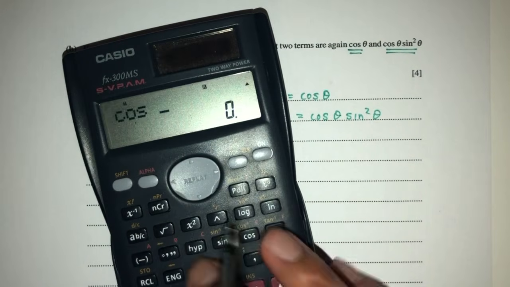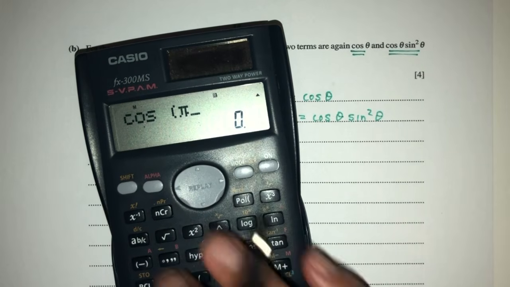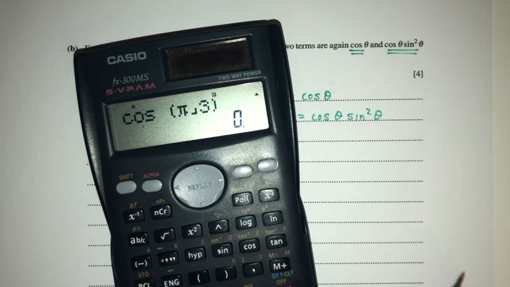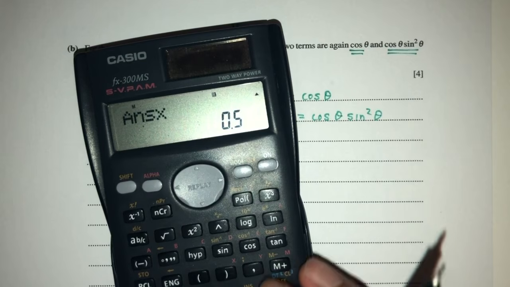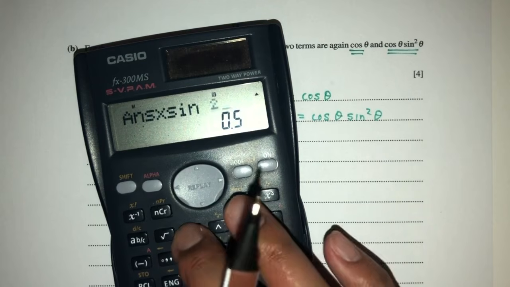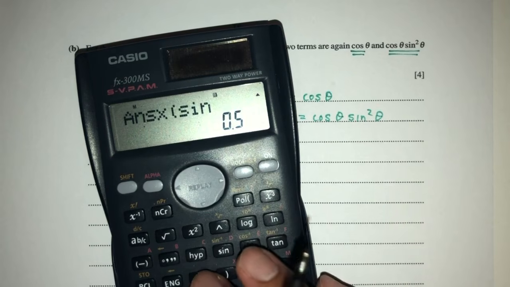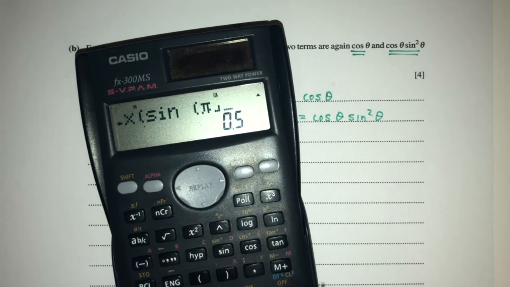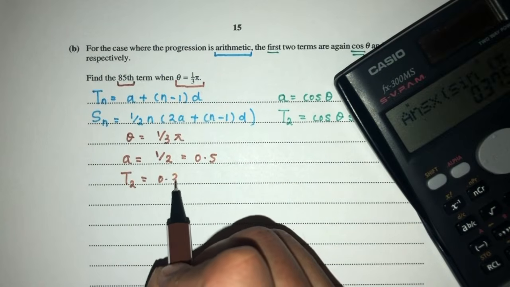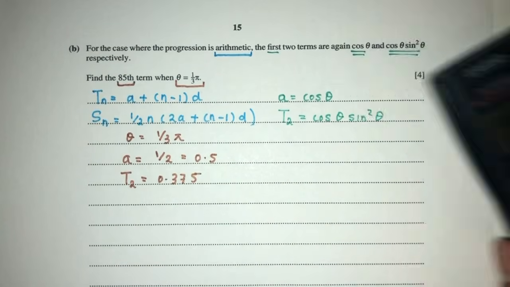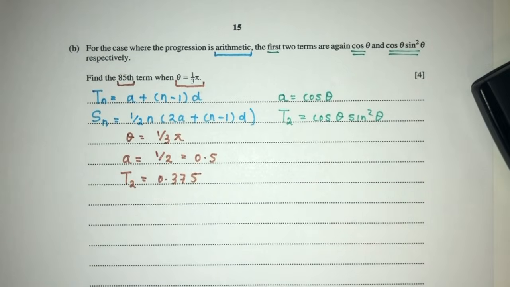So cos of pi over 3, then we multiply by sine square, so we have to square the value, so that will be sine of pi over 3 square. That will be 0.375 for the second term.